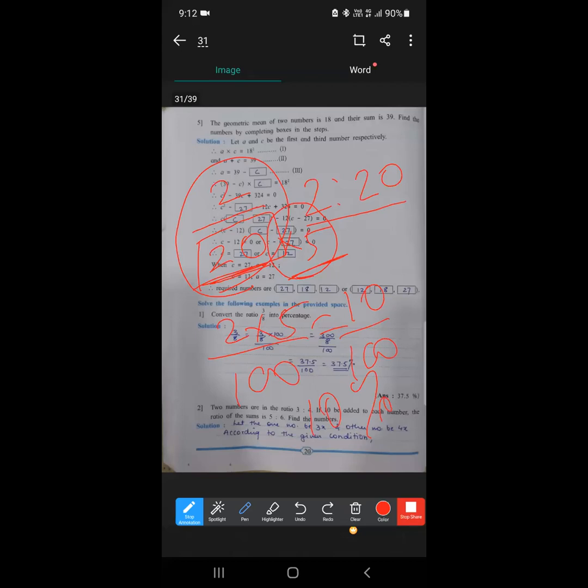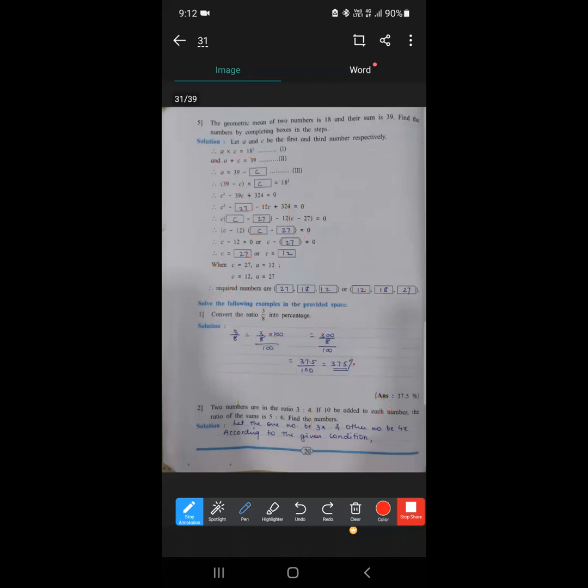If you read the properties, they explain that whatever constant you take, you can multiply or divide by it, and it should remain unchanged. That means you cannot fluctuate it. So this was question number 1.